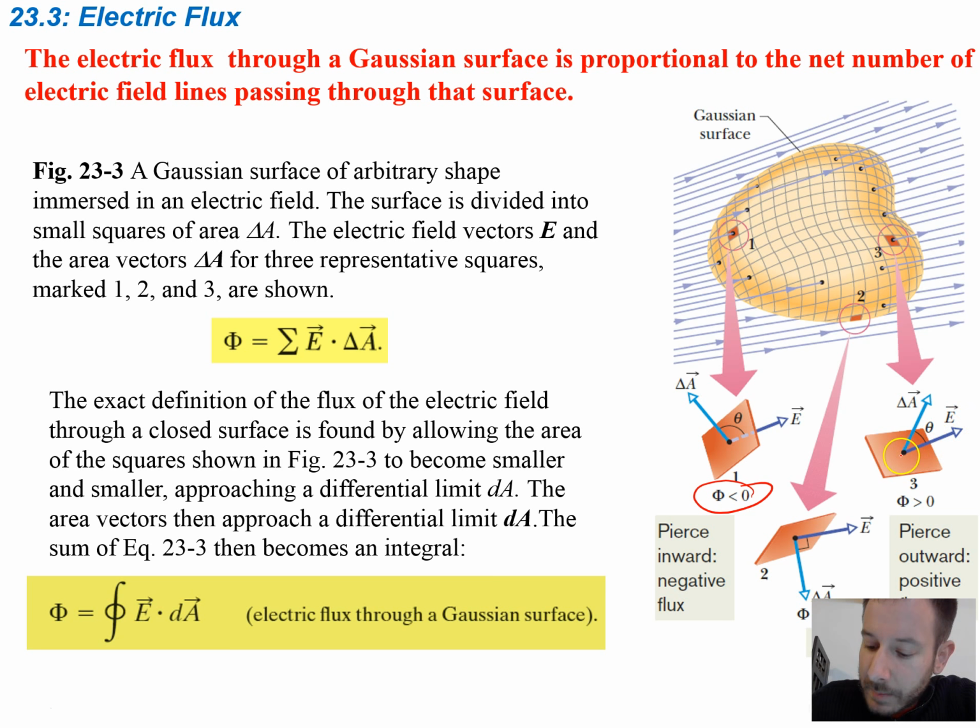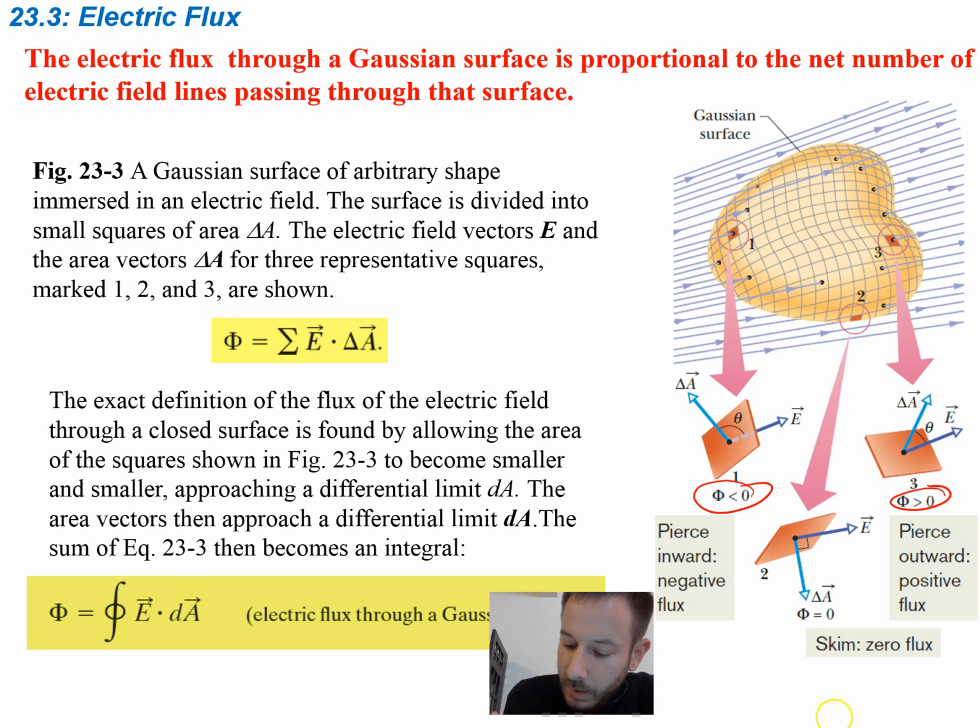The electric field is coming out, so you're going to have a positive flux in that case. Now, if the electric field is going right along the surface, you create a 90-degree angle between the electric field and the area vector, and that is going to give you a flux of 0.